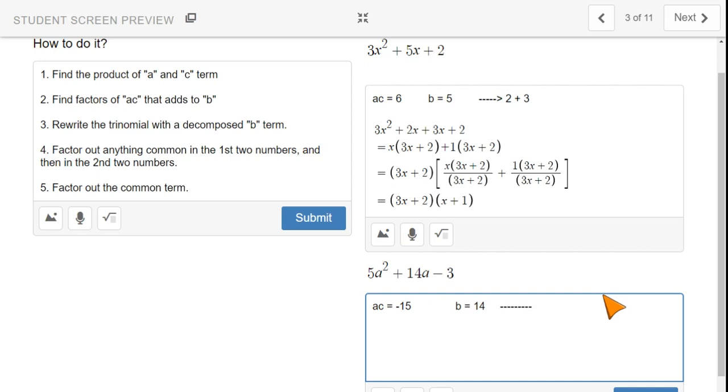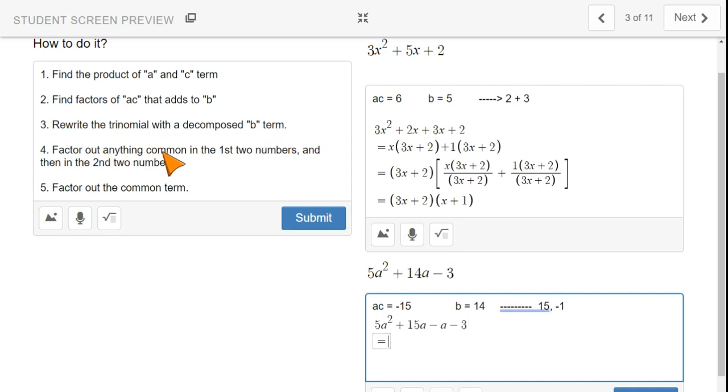So if I did positive 15 and negative 1, that would give us positive 14. Now I'm going to rewrite my equation with a decomposed middle term: 5a squared plus 15a minus a minus 3.